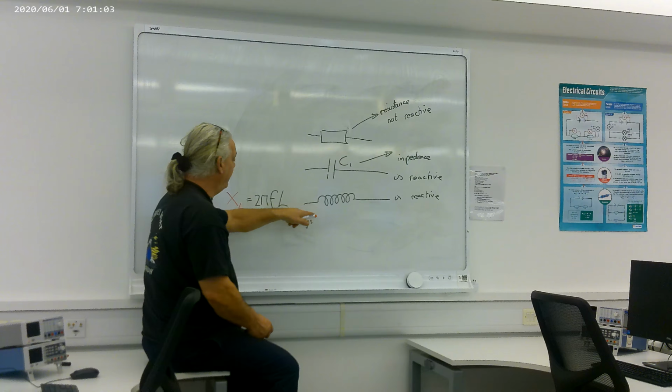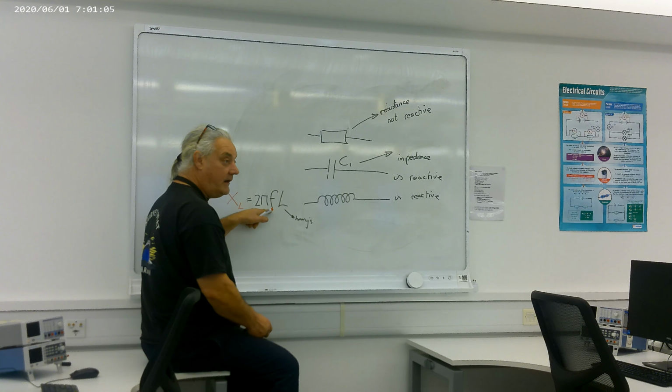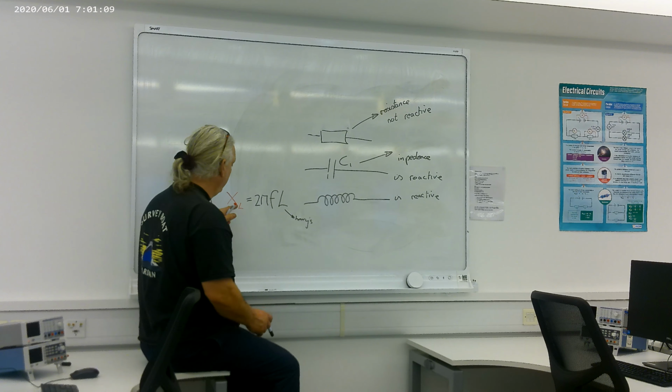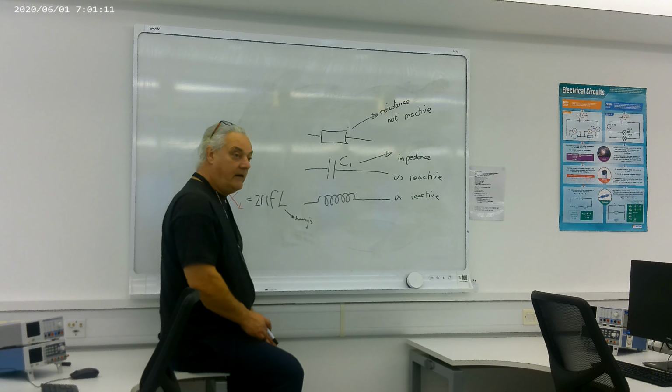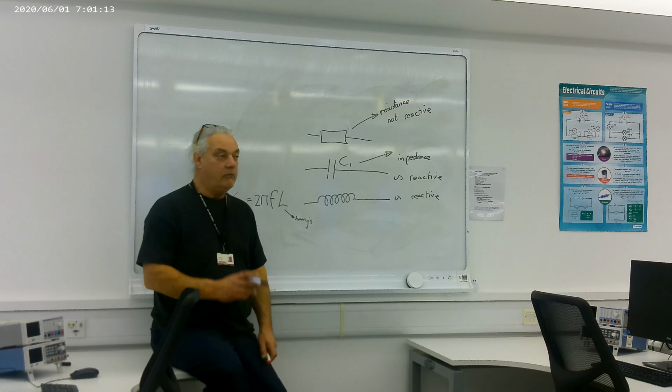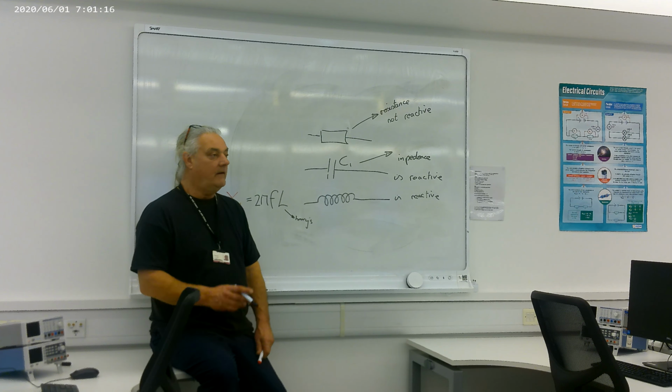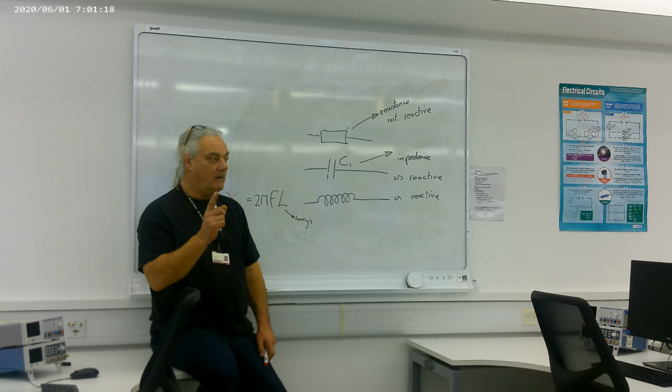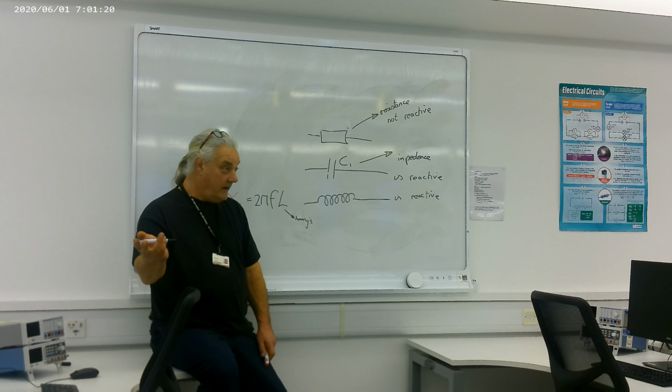I need how big it is in henries, and I need what frequency you're going to operate it at. 2 pi doesn't change, so therefore I can calculate the impedance or the equivalent resistance at that frequency. Change the frequency, the impedance changes.